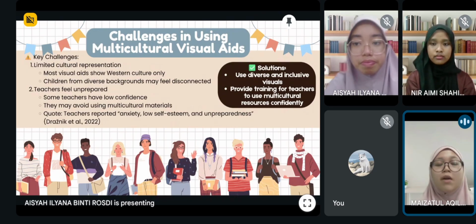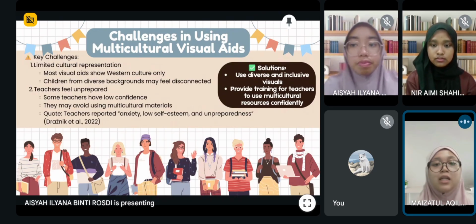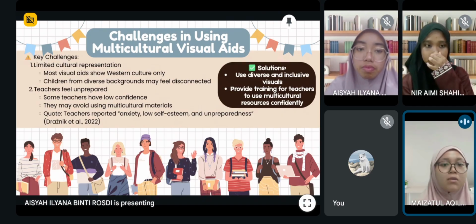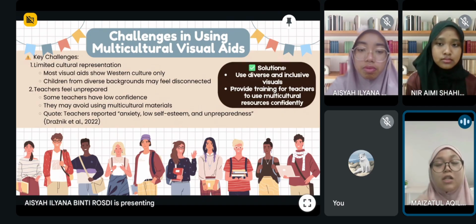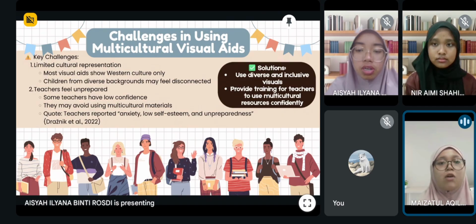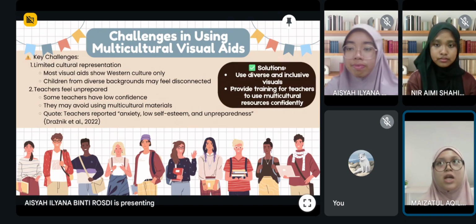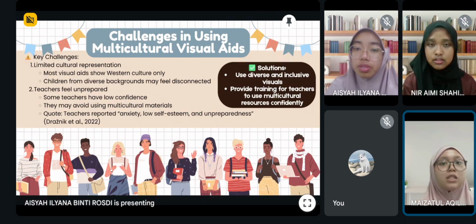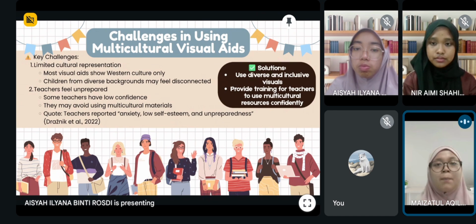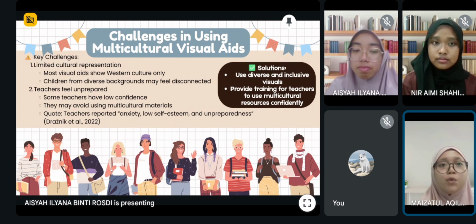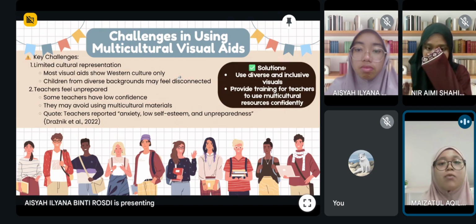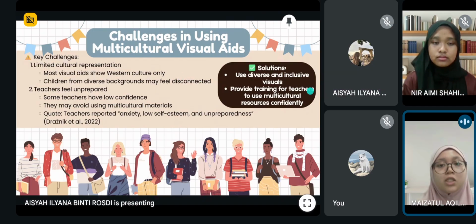Although visual aids are very helpful in bilingual and multilingual classrooms, there are still some challenges we need to think about. The first challenge is that many of the visual aids we use, such as posters, flashcards, or picture books, often focus on Western culture. For example, pictures of families, food, houses, or celebrations might mostly come from American or European cultures.